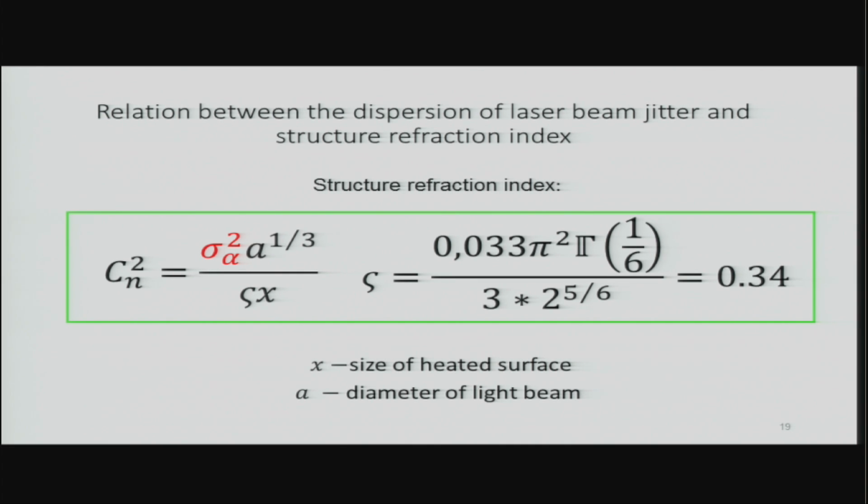Let's see the relation between the dispersion of laser beam zeta. You can see that we can simply calculate the structure index of refractive index from measuring the average deflection of the laser ray from its undeflected position.